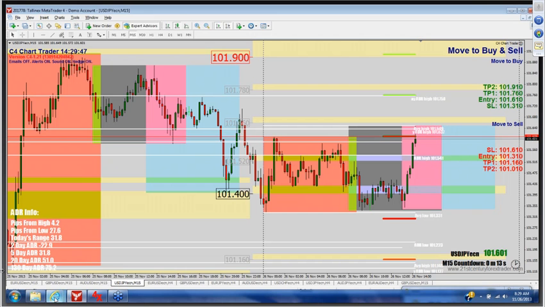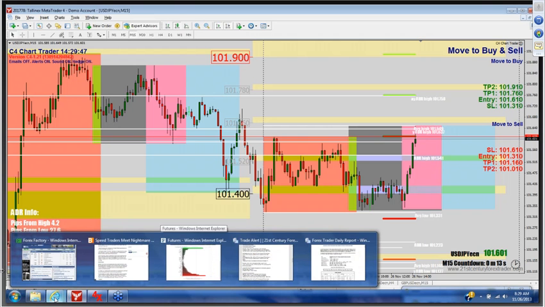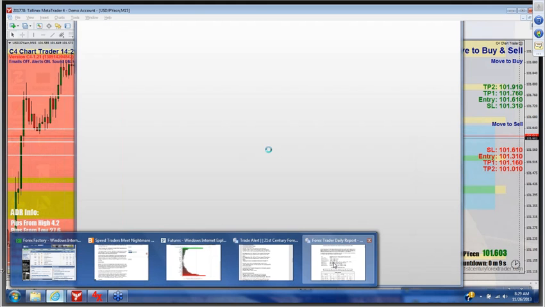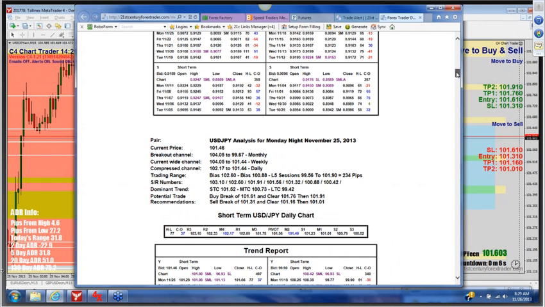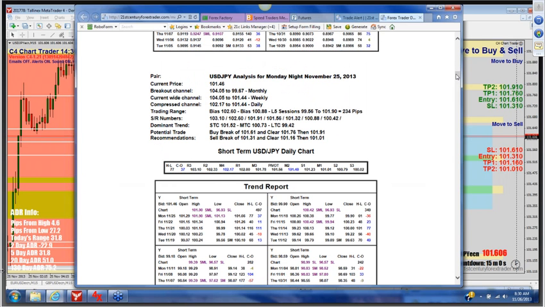All right, channel information on the US yen. Go into our daily report, and we see here we have a channel bottom at 101.44 and a channel top at 102.17. I'm looking right here at the daily, and now we see 101.44 is lining up on a short-term and mid-term level.